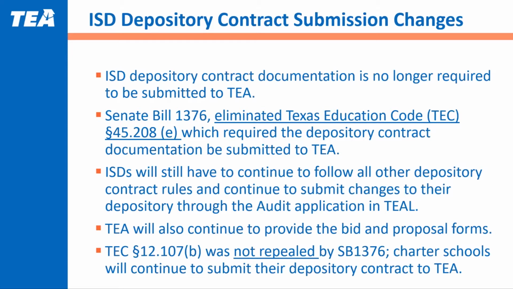However, you do still have to submit the direct deposit information, so the VDDA form that you can get from the comptroller's office or their website. You have to submit that to us through Teal still, because we need that to be able to process the payments. We will also provide the bid and the proposal forms for you. Those are in rule, and they did not remove those.